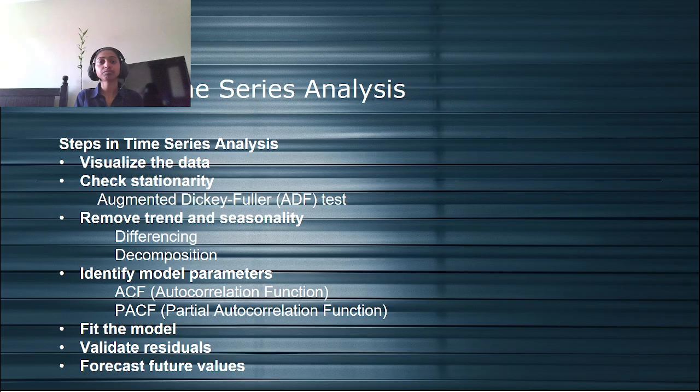And if there is a requirement to remove non-stationarity, we will perform some differencing or decomposition. Then we have to find the model parameters P, D, Q. For that, we plot the ACF and PACF plots. Then we fit the model, validate the residuals, and forecast future values.